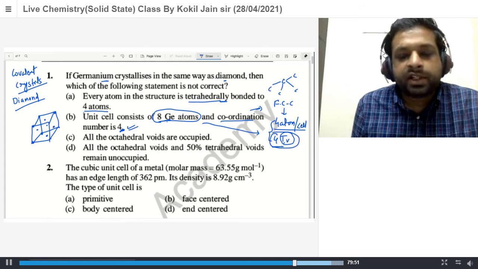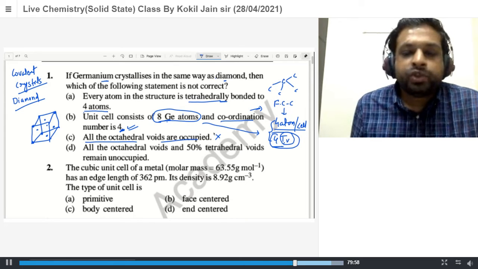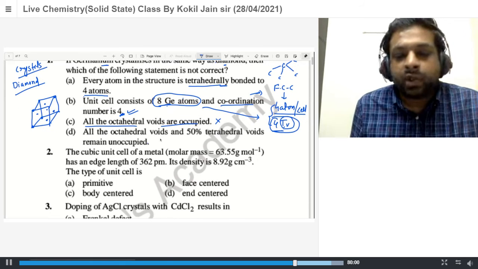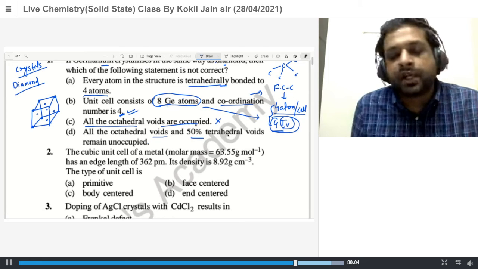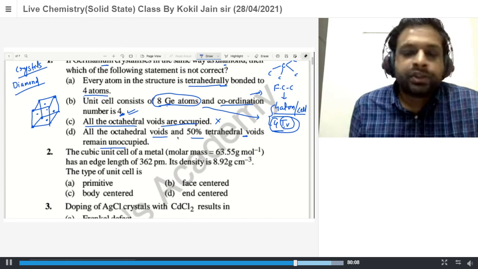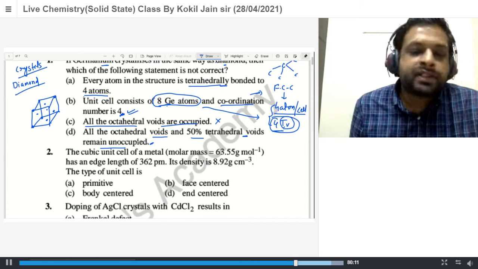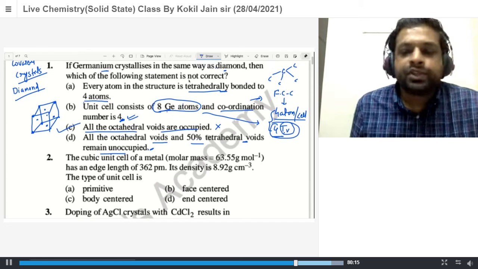That means this third option was incorrect, that all the octahedral voids are occupied. The fourth option is the correct one, that all the octahedral voids and 50% tetrahedral voids remain unoccupied. So this is your correct option. Answer is C here because they have asked you the not correct one. Understood?